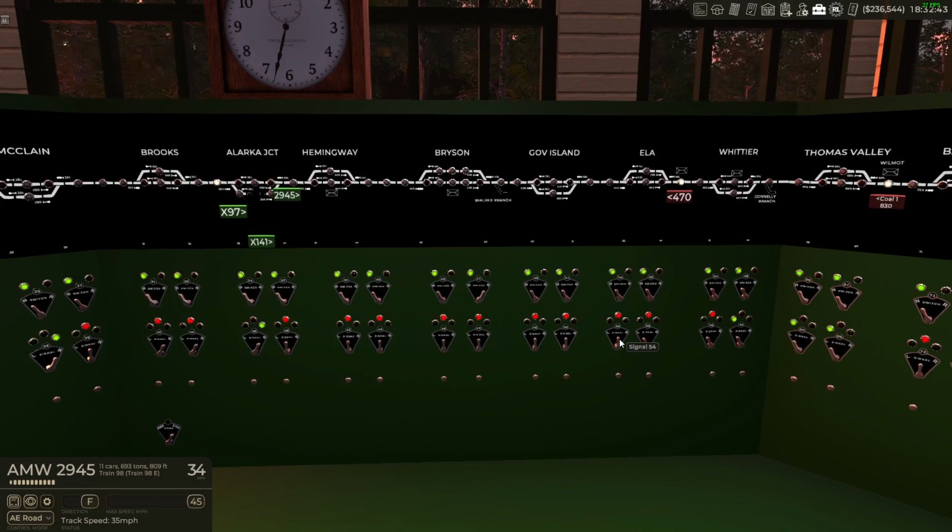Stop signal. You have a stop signal. Alright, no. I'm not gonna get you past there. So I gotta figure out the meet you're gonna have with that before I do that. Okay.